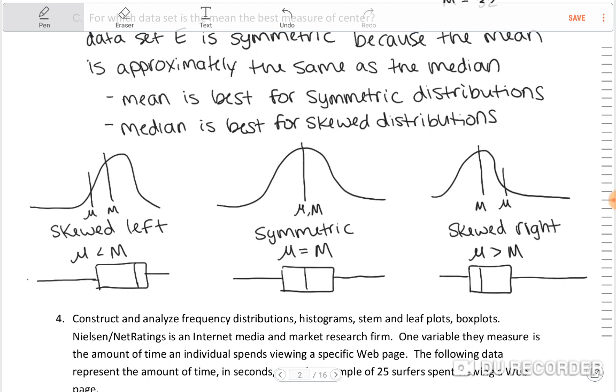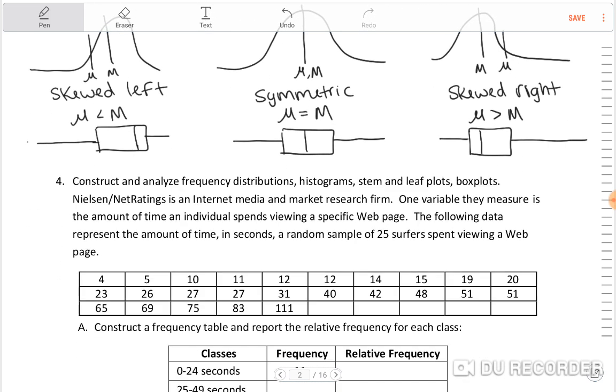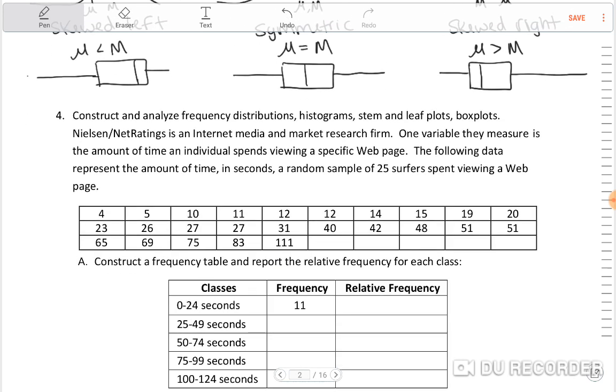That's all chapter 3. So chapter 2 is a different chapter. So this one here is going to be chapter 2, frequency tables and stuff. So construct and analyze frequency distributions, histograms, stem and leaf plots, box plots. So it's kind of both chapter 2 and 3.